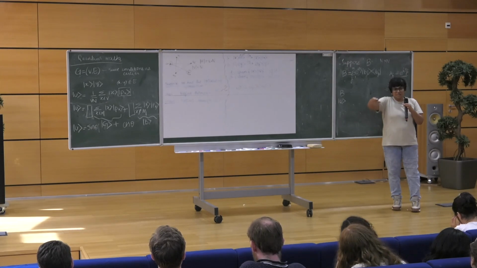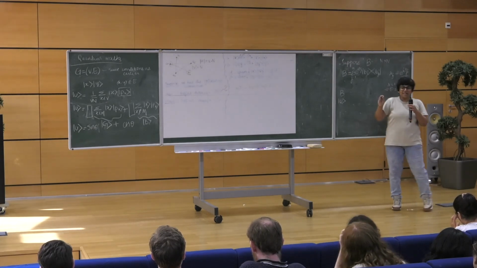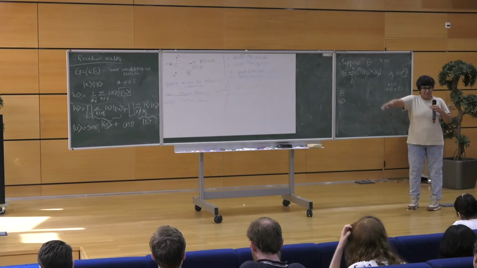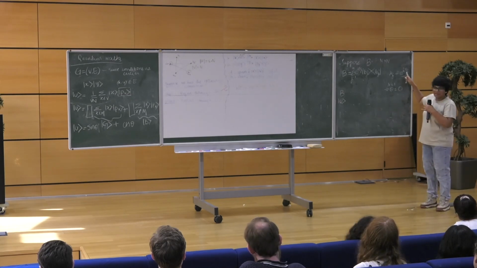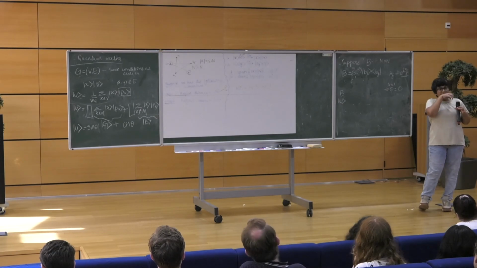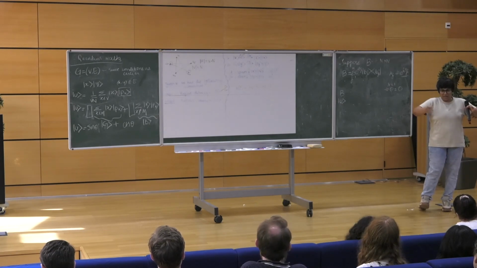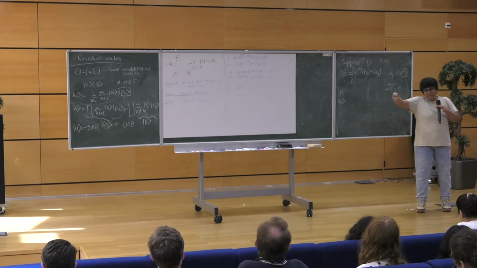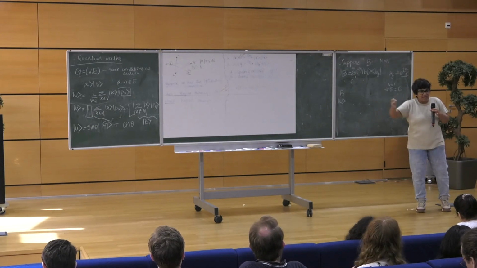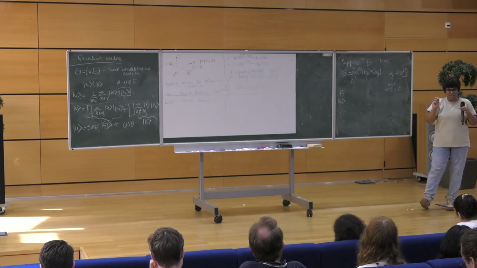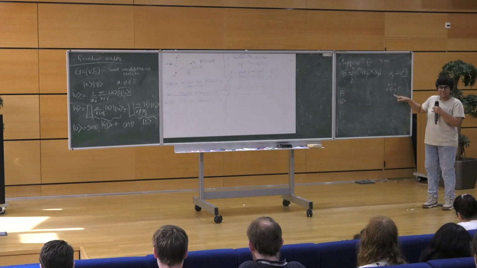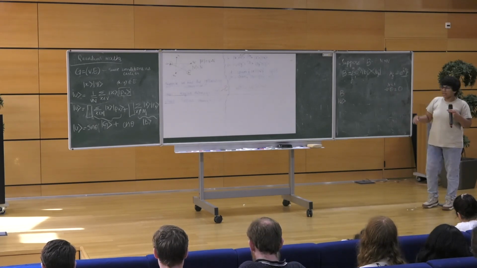But the cost of the algorithm depends on the precision of the theta value that I want to attain. Theta is a real number, so it can be of arbitrary precision. But my quantum algorithm is going to run only for a finite number of steps, so I'm only going to achieve some precision. This phase estimation procedure estimates this theta value to some precision.